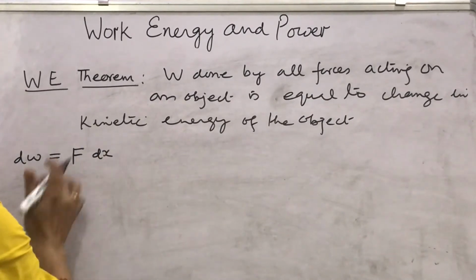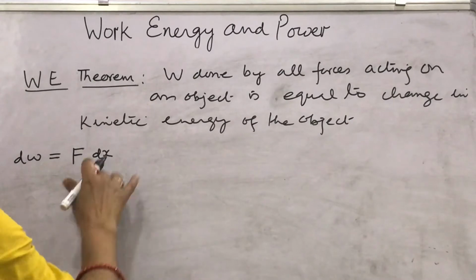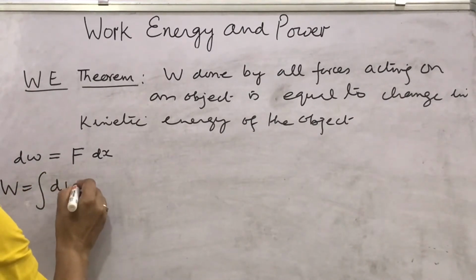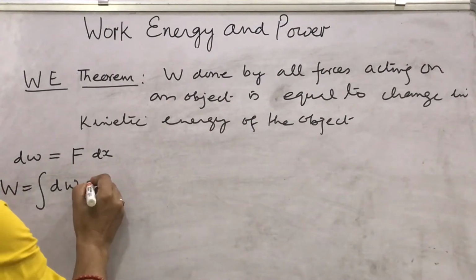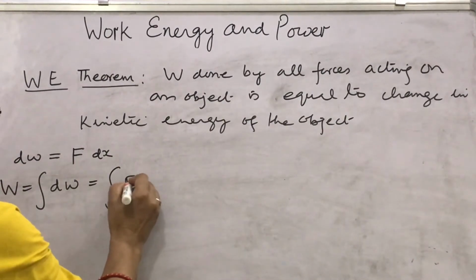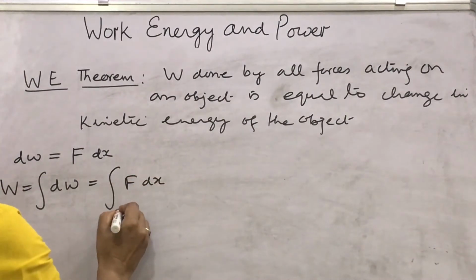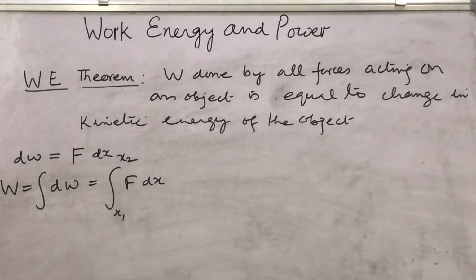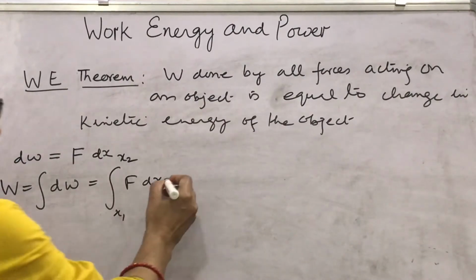What can you write for net work done? Net work done will be the integration of dw. Then this is f dx, from x1 position to x2 position, as the object is displaced.